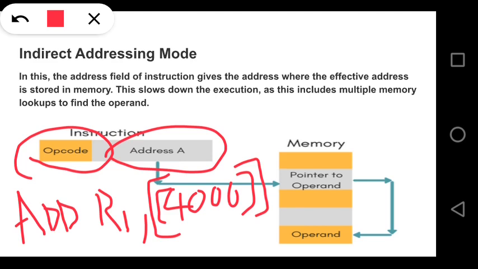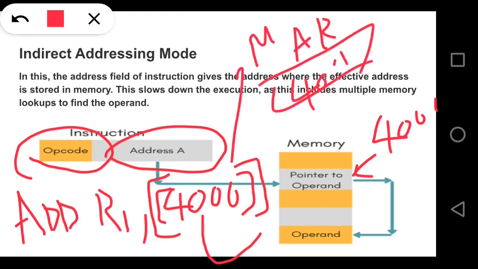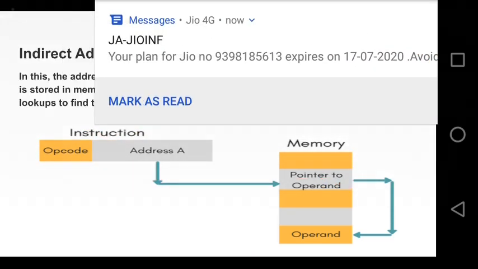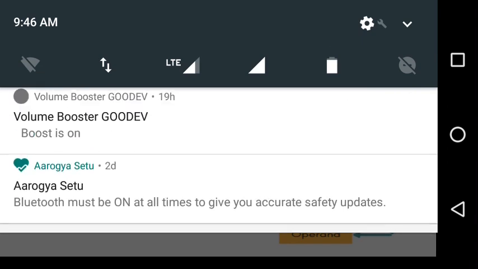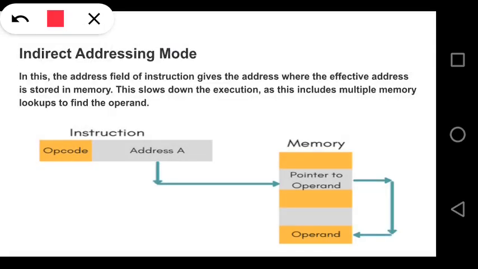So take this 4000, go to memory. Place this 4000 in MAR, memory address register, and in memory, let's assume this is some 2000. So this 2000 is being stored at 4000.